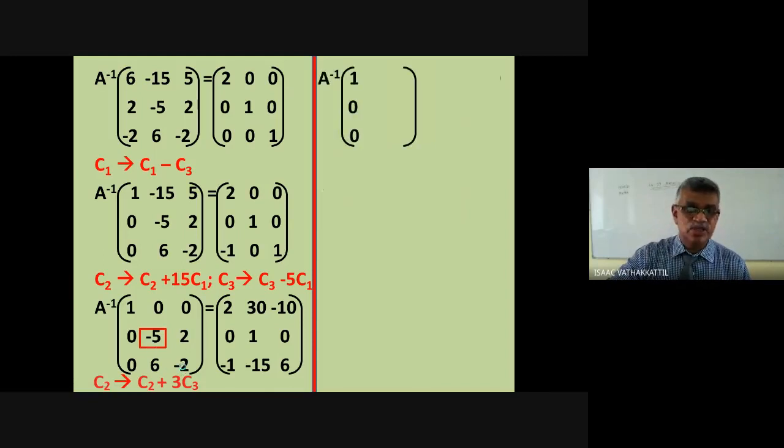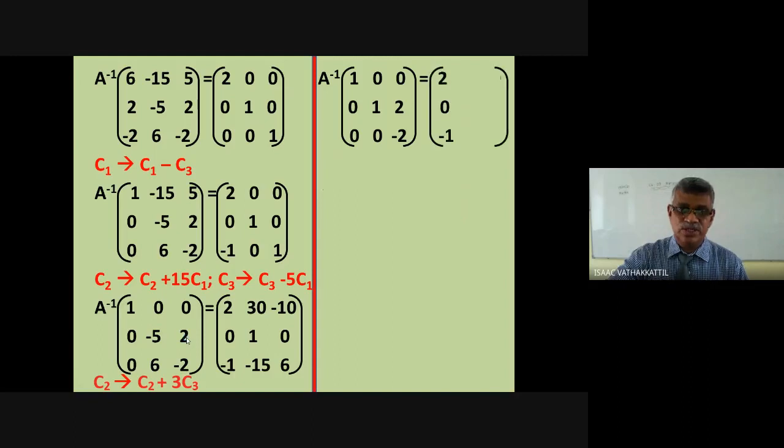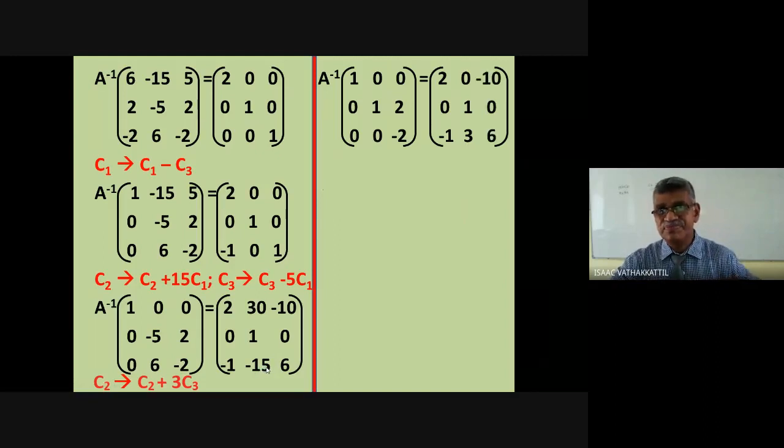So here it becomes 0, 1, 0, the remaining as it is. C1 as it is, no change. C2 plus 3C3 becomes 0, 1, and 18 minus 15, that is 3, and the remaining as it is.